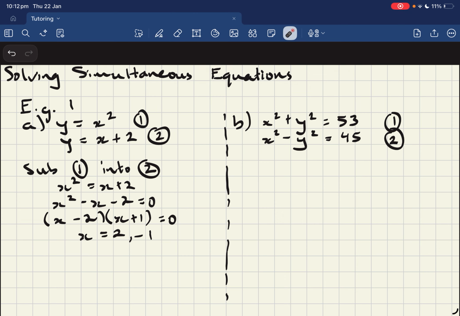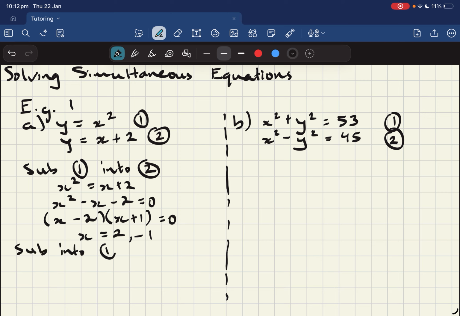Now remember, because we have two x solutions, we have two y solutions as well. So I'm going to substitute these back into one of the two equations. And we always want to go for the path of least resistance. In this case, both of these will be roughly similar, but I'm just going to substitute into equation 1.